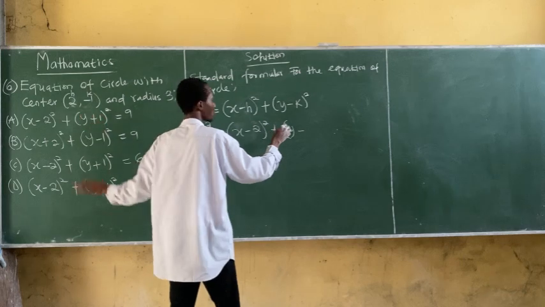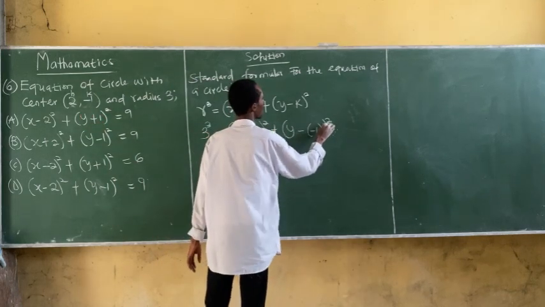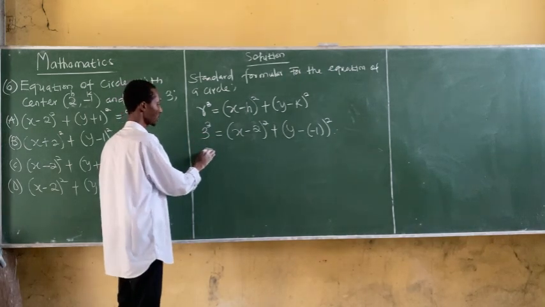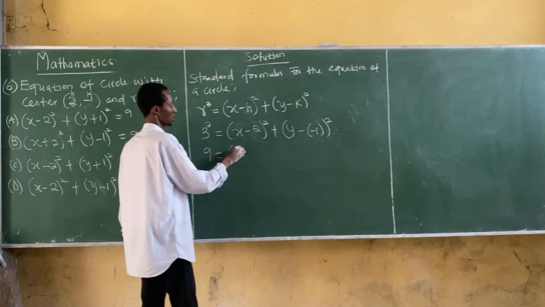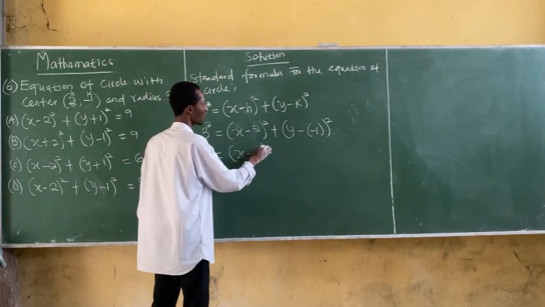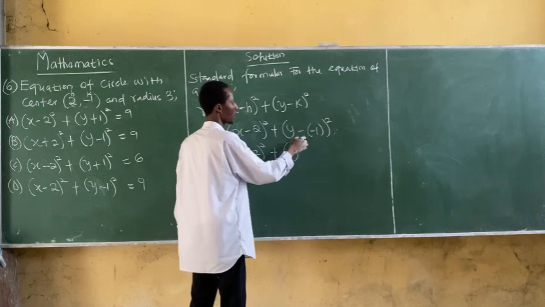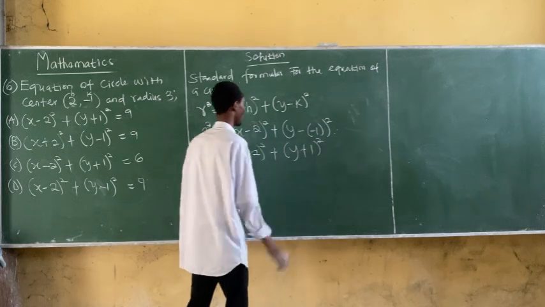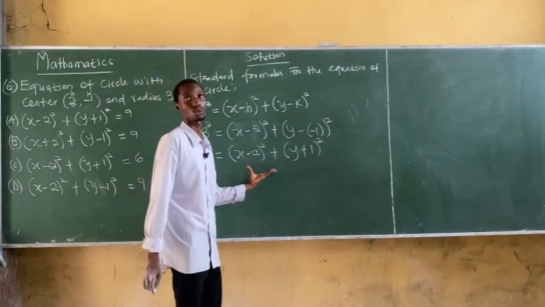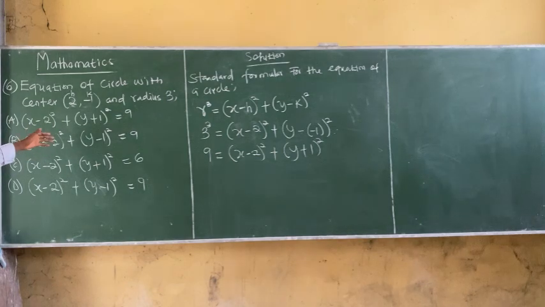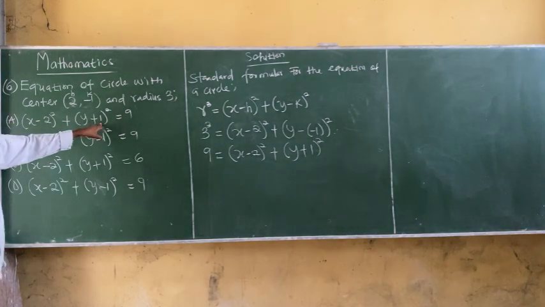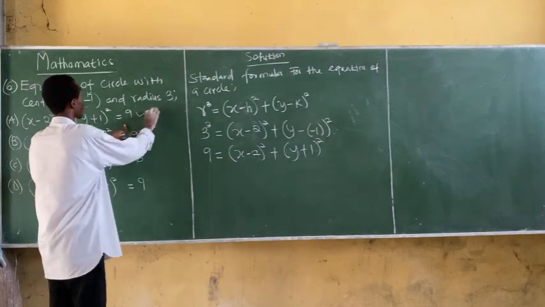K from the question is minus 1, so we have minus minus 1 all to power 2. 3 squared gives us 9 is equal to x minus 2 squared plus y, minus times minus gives us plus 1 all squared. So this is the correct equation. From the options here, we have option A to be correct. X minus 2 all squared plus y plus 1 all squared is equal to 9. So this is the correct answer.